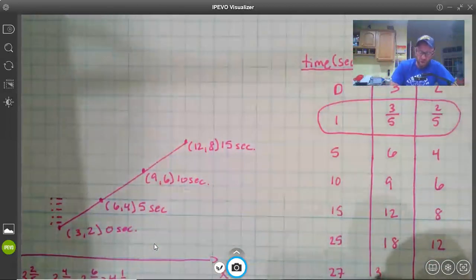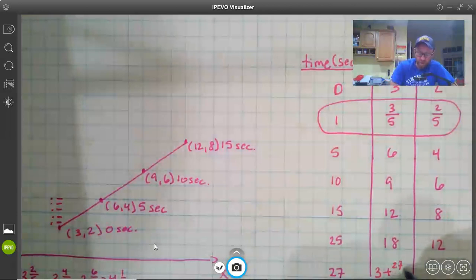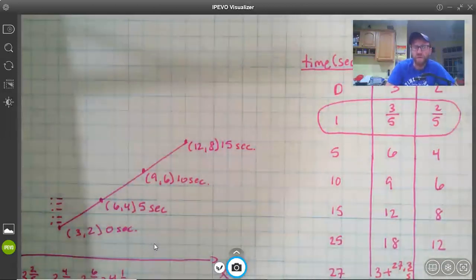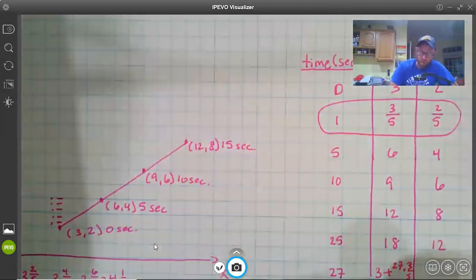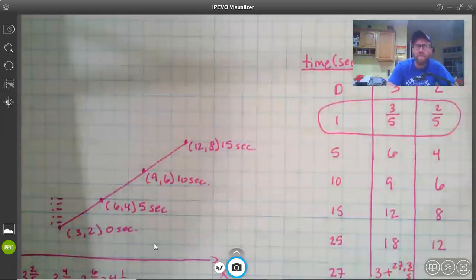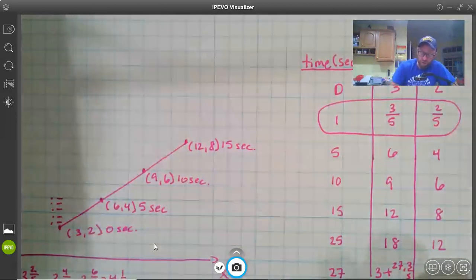So it starts at 3 plus 27 times 3/5. So 27 times 3 is 81. That's 81/5. The 80/5 would be 16. So that's 16 and 1 left over fifth.